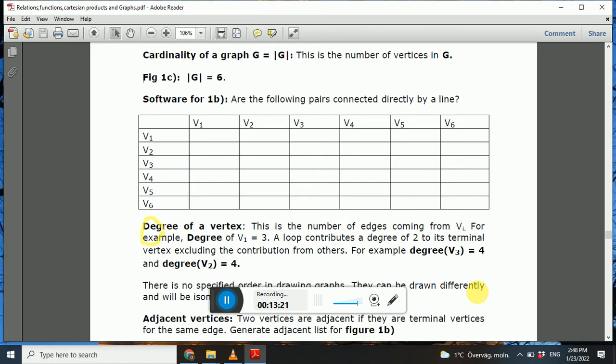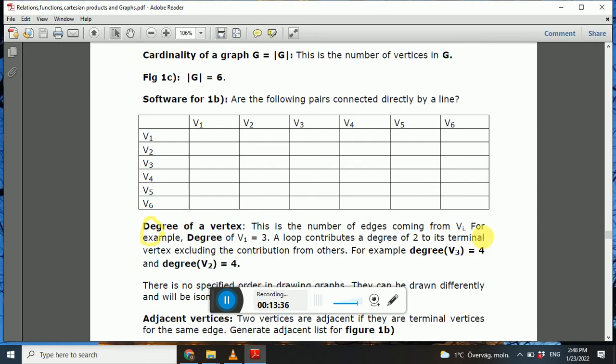Okay. And we are saying that a loop contributes a degree of 2 to its terminal vertex, excluding the contribution from others.